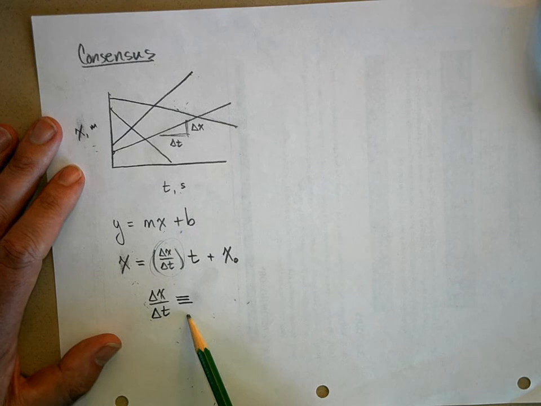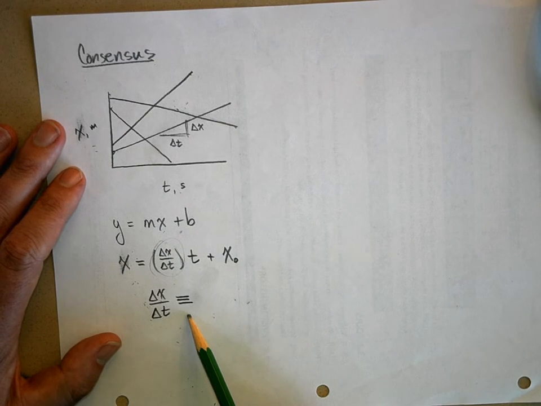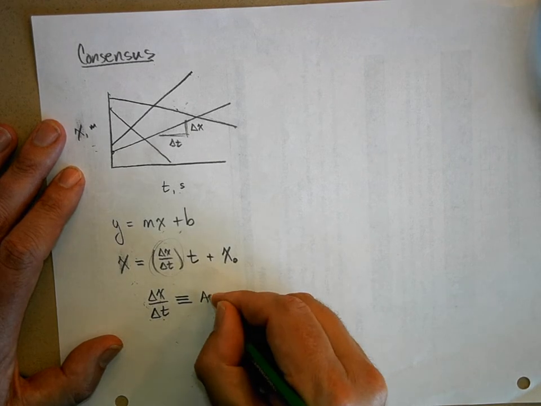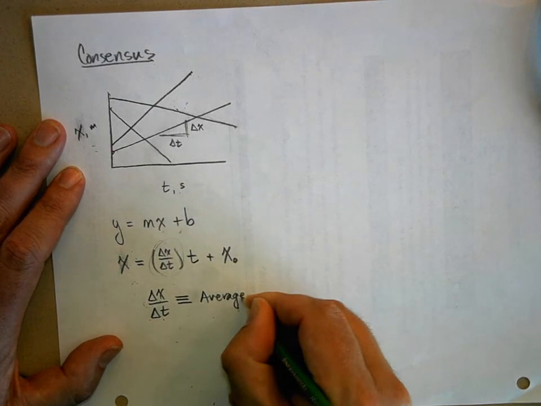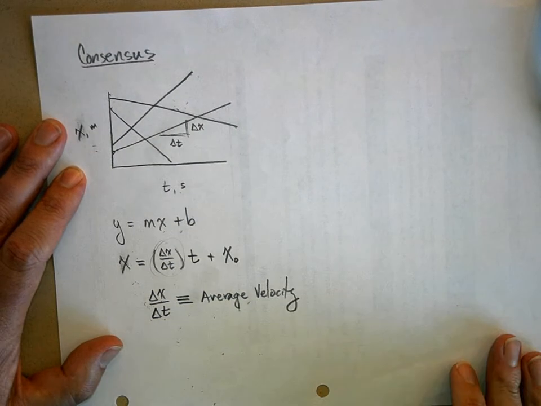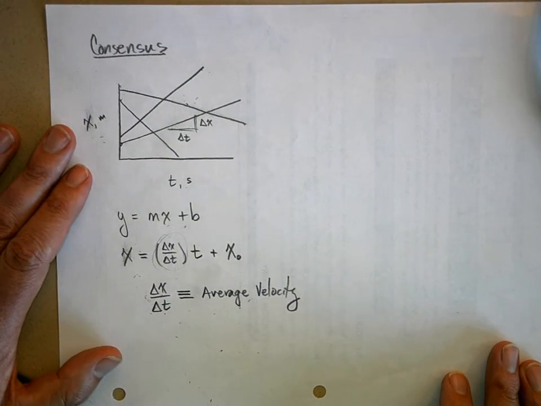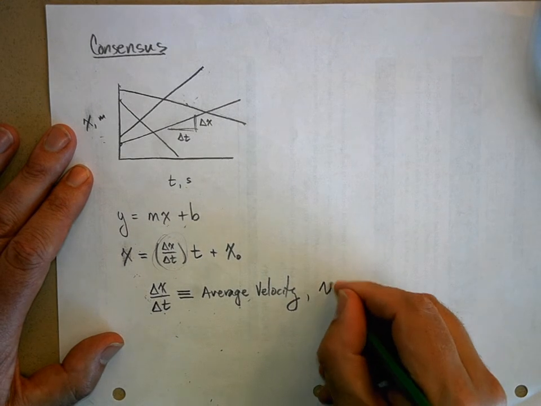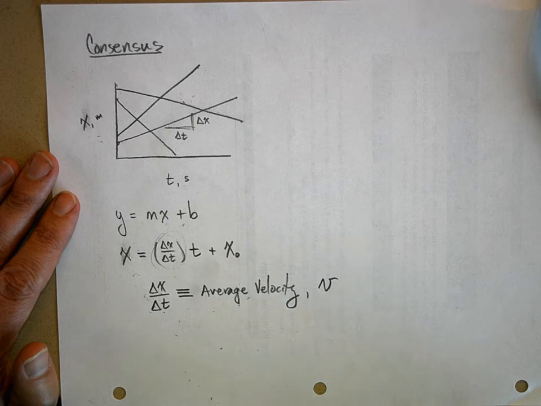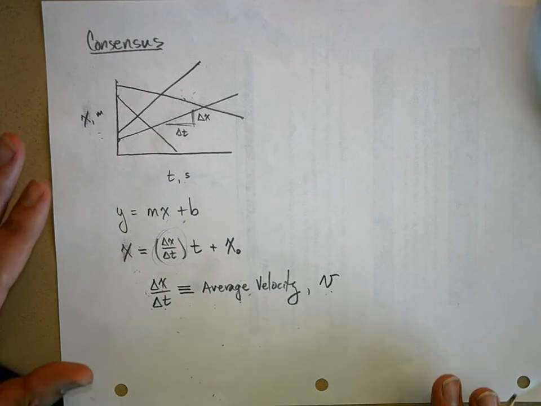If you see this little three-barred equal sign, that means by definition, delta x over delta t is called average velocity. And the variable we're going to use for average velocity is just a cursive v like that, at least for now. We'll change it a little bit later.